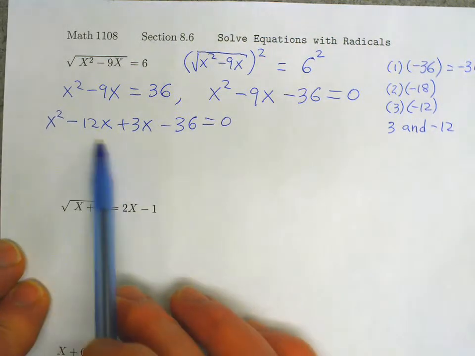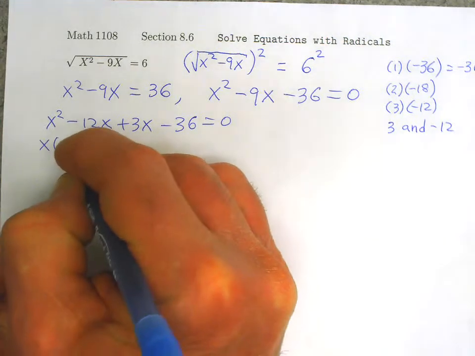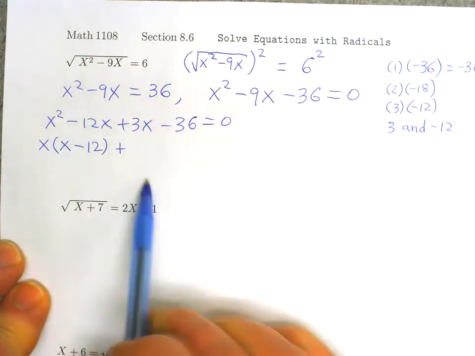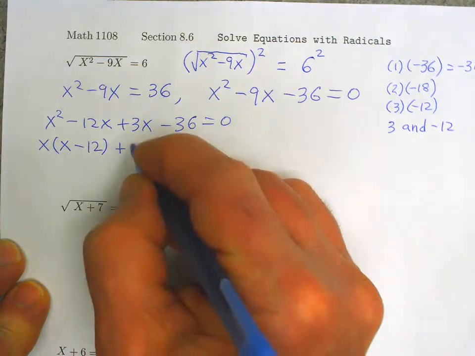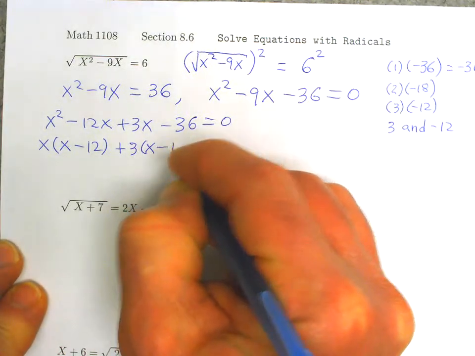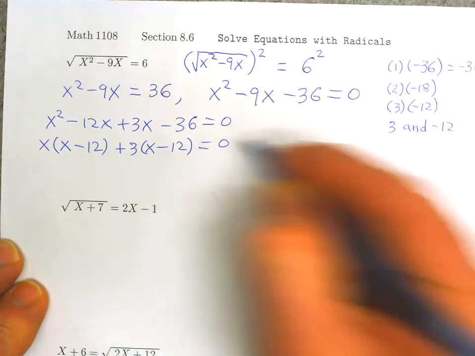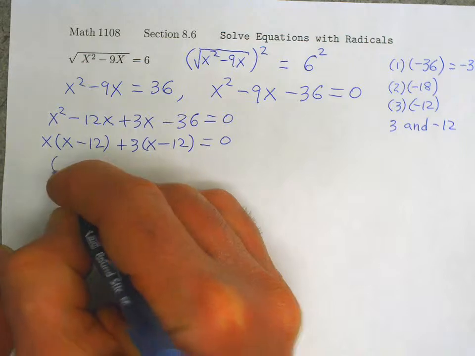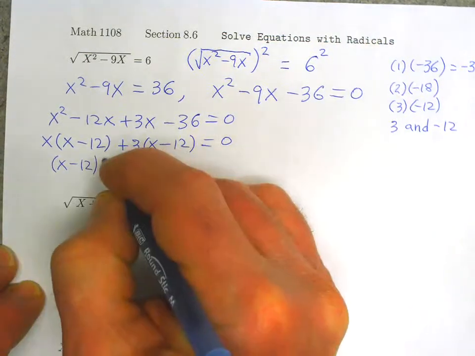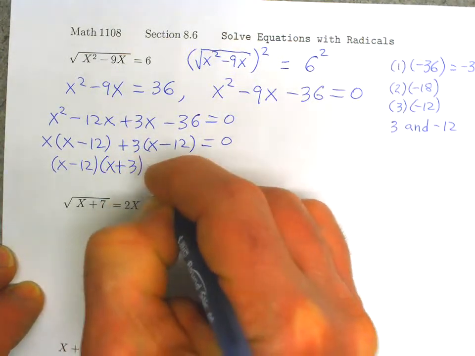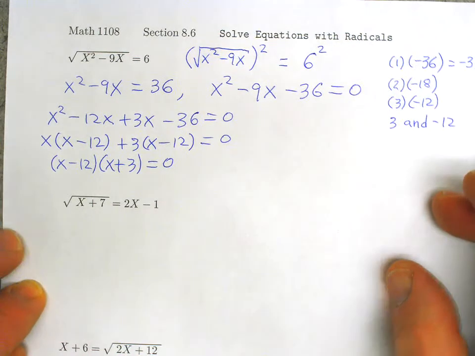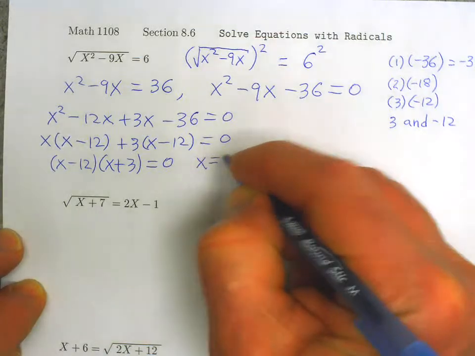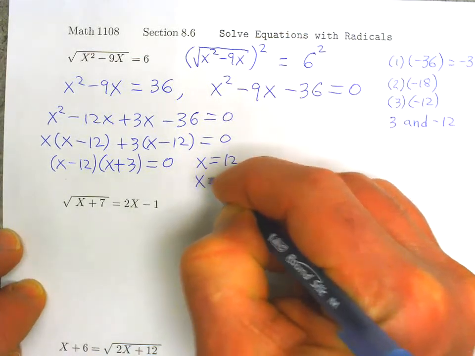Out of the first two terms, factor out x. So we get x times x minus 12. Bring down the middle operator of addition. Out of the third and fourth terms, factor out 3. So we get 3 times x minus 12. Then we factor out the x minus 12. And the two factors are x minus 12 and x plus 3. The product is 0. Okay, so the two solutions to this equation are x equals 12 and x equals negative 3.